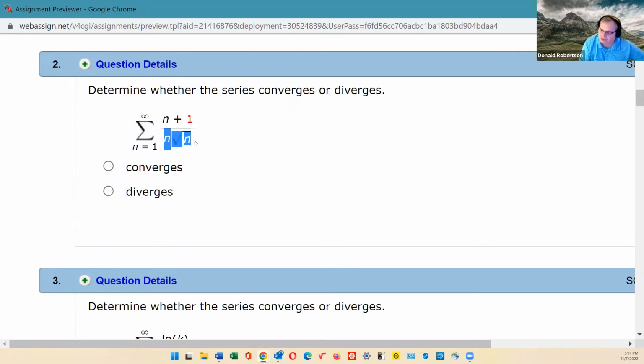Can you see that would be your comparison? Now, if you did that, wouldn't there be a little bit cancelling, and this would end up being 1 over the square root of n? Is 1 over the square root of n a convergent or a divergent series? Does it converge or diverge? Converges.